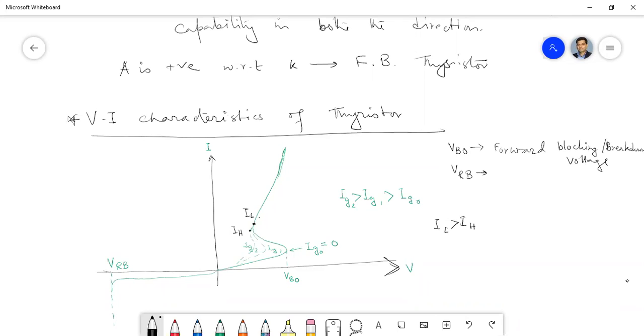And what is RV? RV is the reverse, so same thing, reverse voltage.